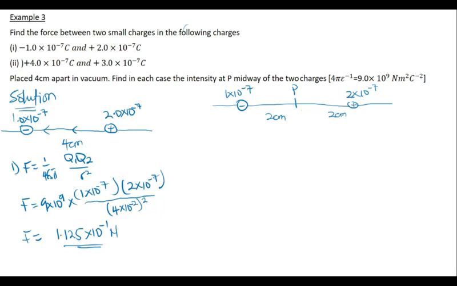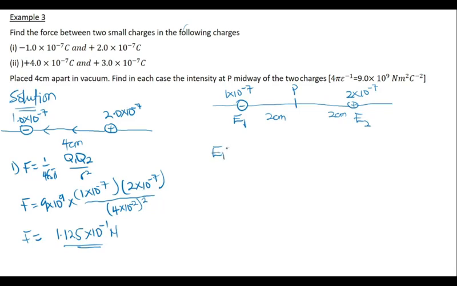So let's go ahead and look at that. Let me use E1 for the electric field that the negative is exerting, and E2 for the one the positive is exerting.